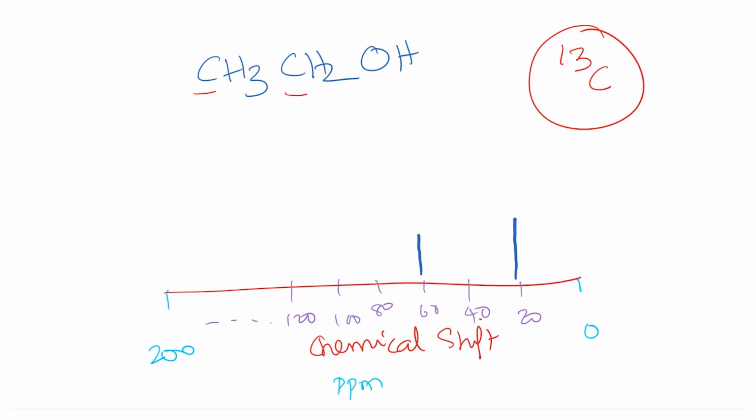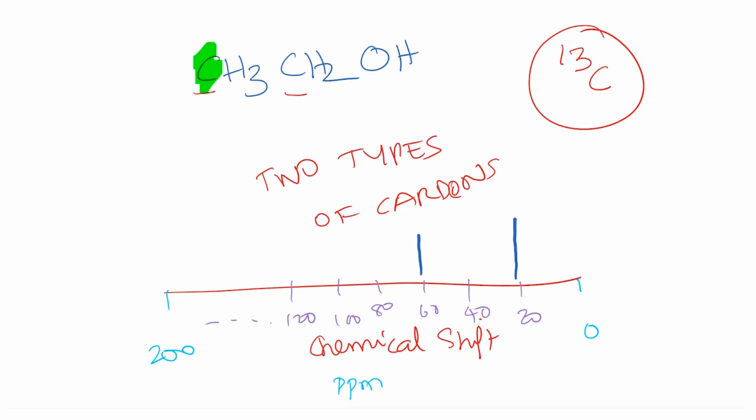Okay. So, therefore, from this NMR analysis you see that there are two types of carbons. Okay. So, a simple molecule such as ethanol, you have this carbon here, and of course, there are no further carbons on this, but even a molecule such as ethanol has two types of carbons.